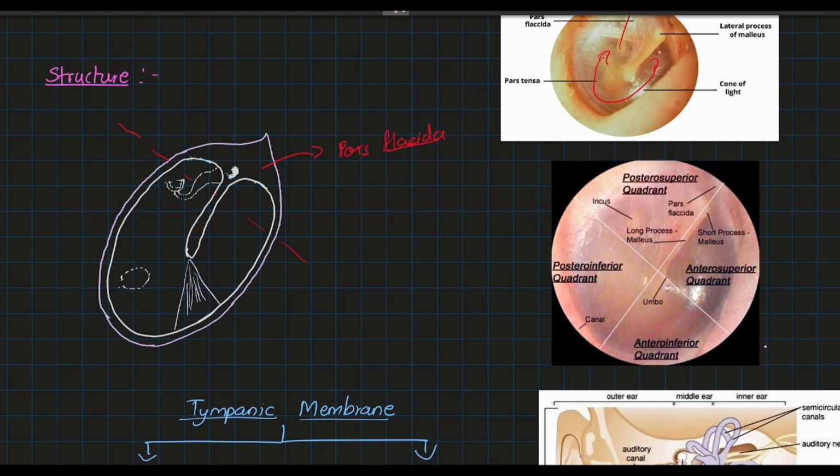It is a little bit rigid, and this is also called Shrapnell's membrane. And this inferior part is called pars tensa.